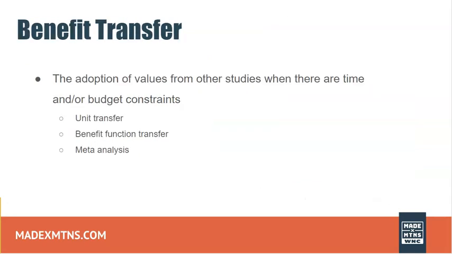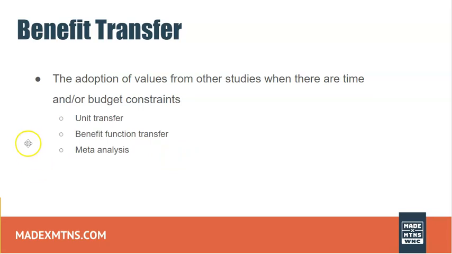Okay, so benefit transfer in general is the adoption of values from other studies when there are time and budget constraints, when you don't have the time or the money to develop an estimate of the economic value of a recreation site or recreation activity that is subject to your study.